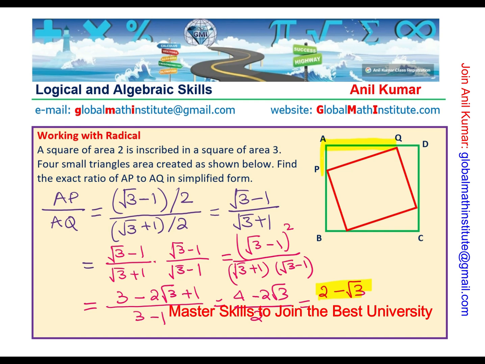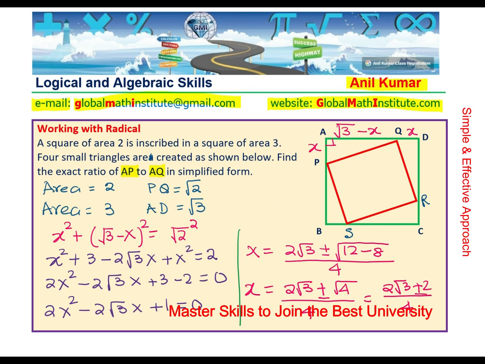You get the whole idea, right? A lot of work is done here, starting from assuming one side to be x, the other will be square root 3 minus x. Then we applied the Pythagorean theorem to get a quadratic equation, then the quadratic formula to get possible values of x, right? We could have assumed that to be x, in which case this will be square root 3 minus x.